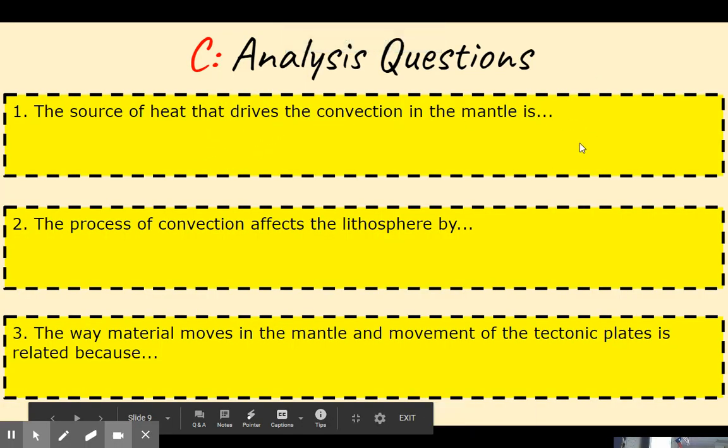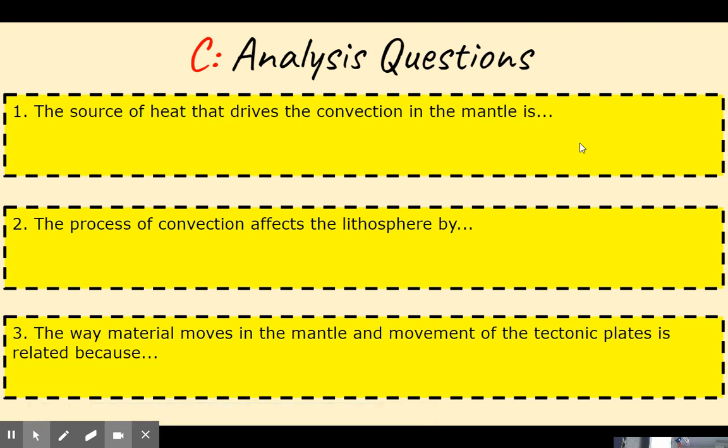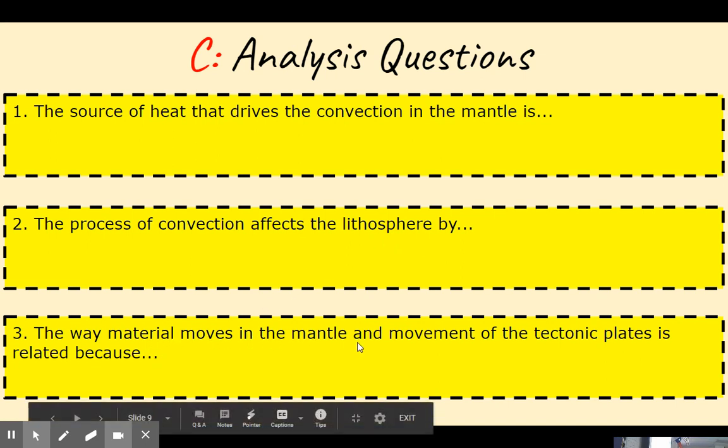The source of heat that drives convection in the mantle is the core, right? The inner and outer core. The process of convection affects the lithosphere by dragging those slabs apart, or dragging those slabs in different directions and causing motion. So convection affects the lithosphere by dragging it along.